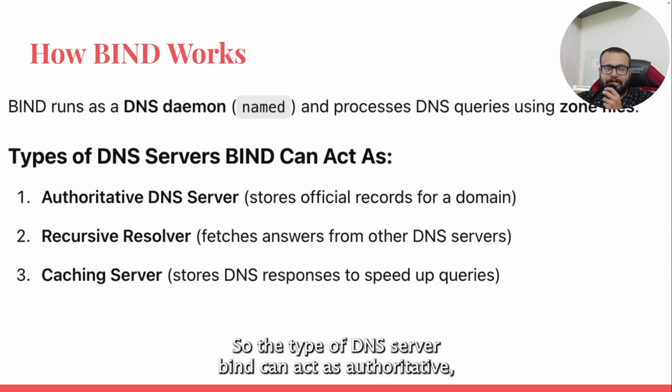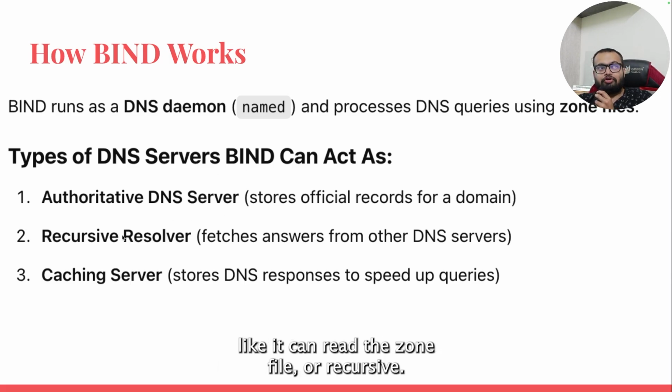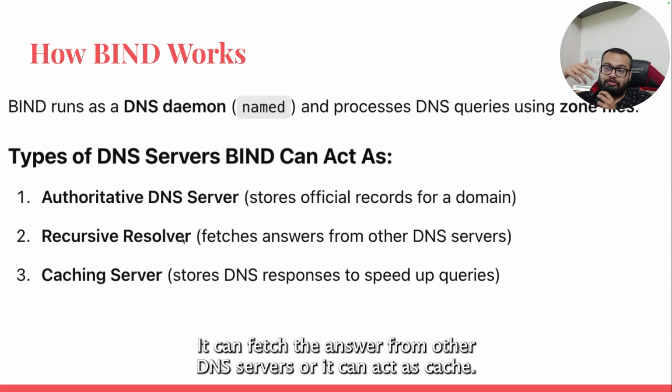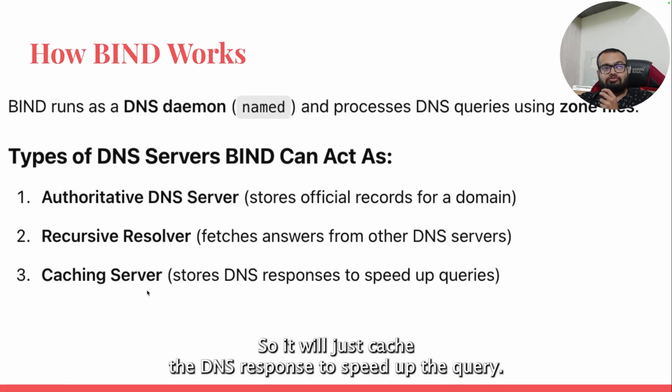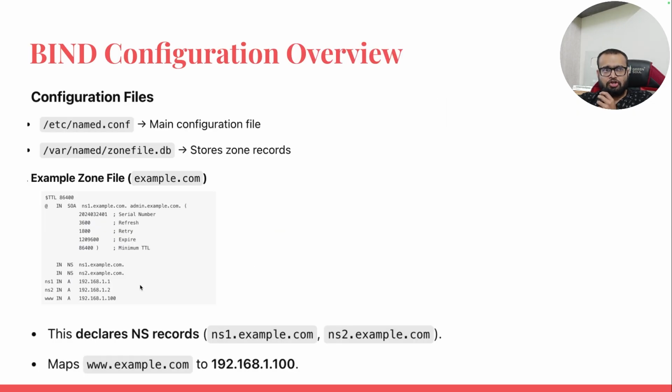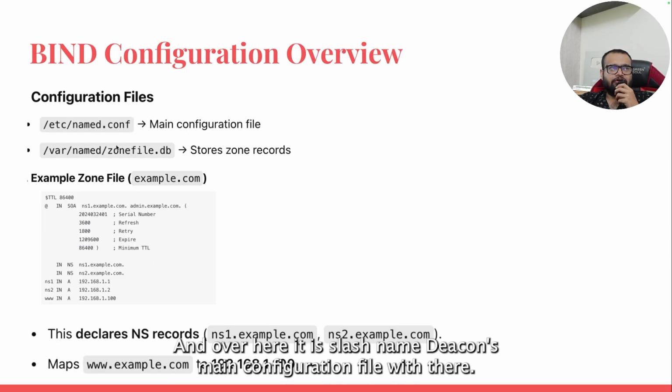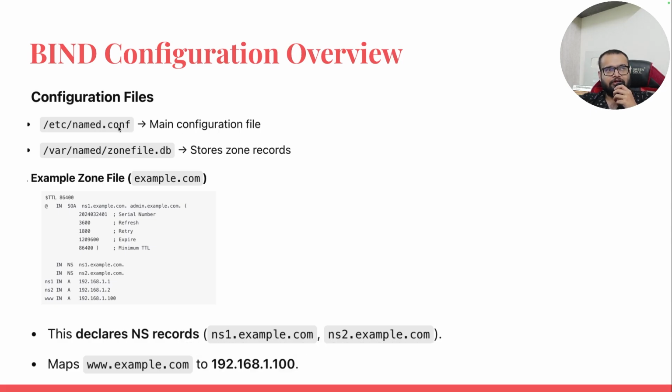BIND can act as an authoritative server, where it reads the zone file, or as a recursive server, where it fetches the answer from other DNS servers, or as a cache, where it caches the DNS response to speed up the query. This is the configuration overview. Here, /etc/named.conf is the main configuration file, and over here it will store the zone records.